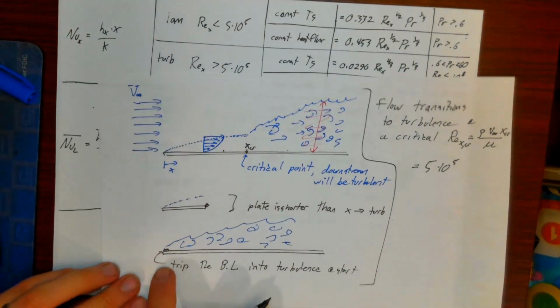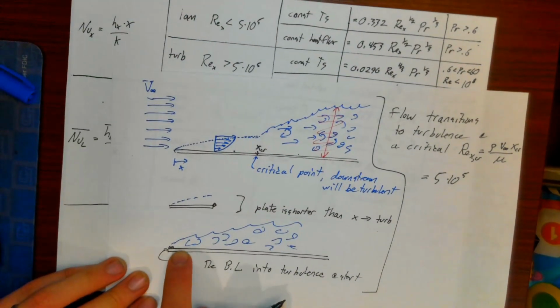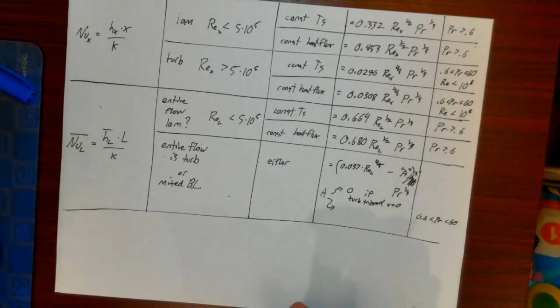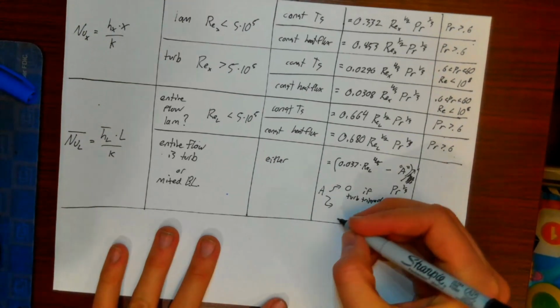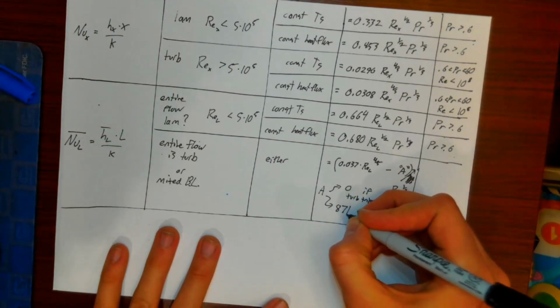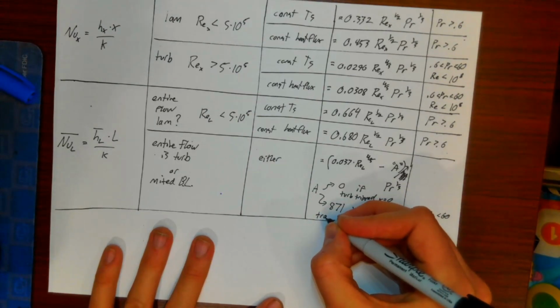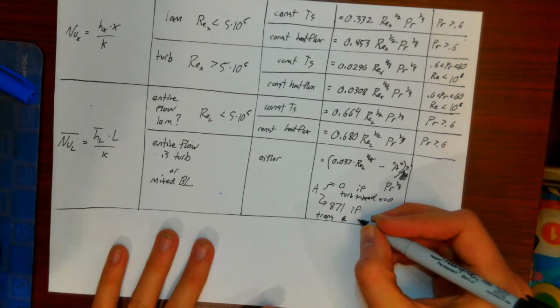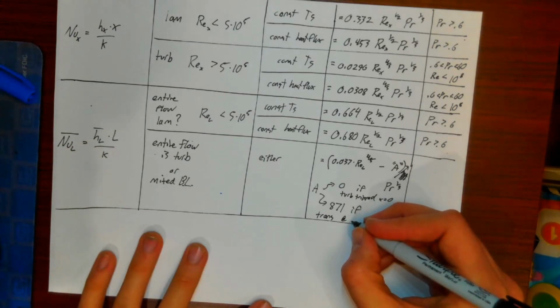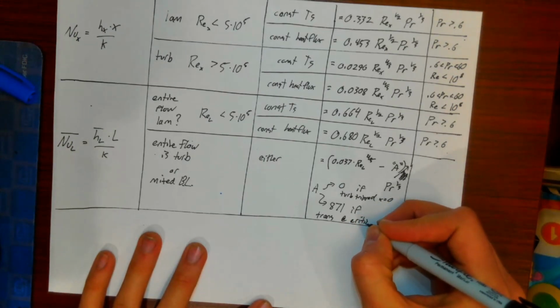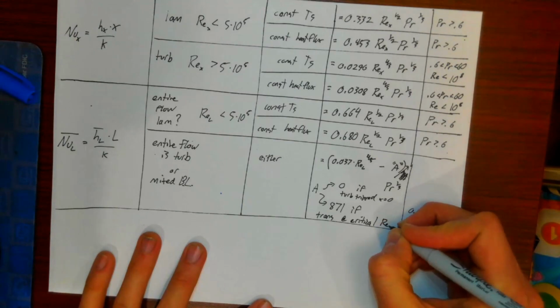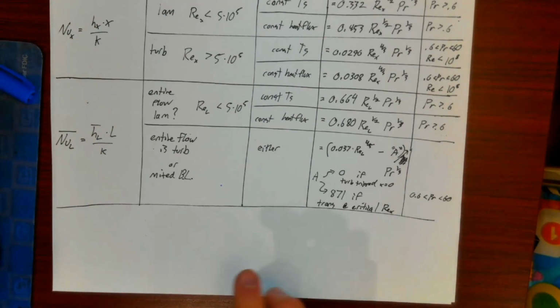A is equal to 0 if we're in this case where the whole thing is turbulent, or A is equal to 871 if the transition happens at the normal critical Reynolds number sub x.